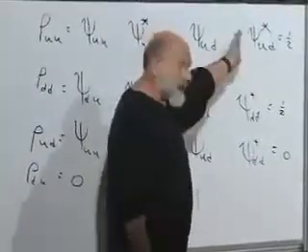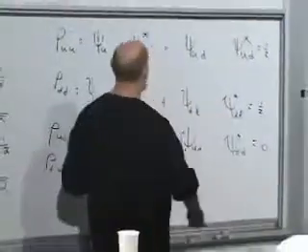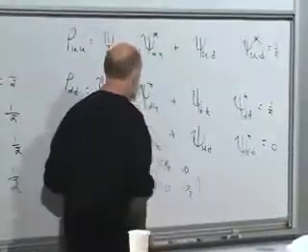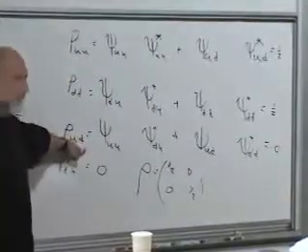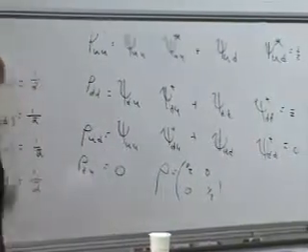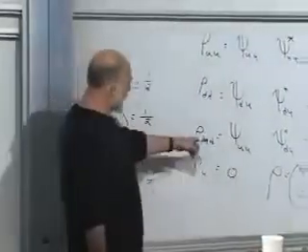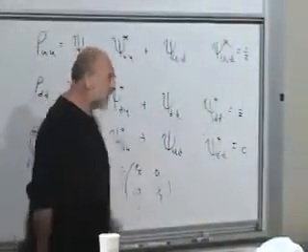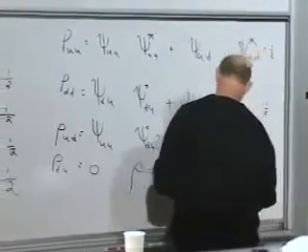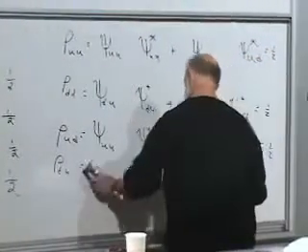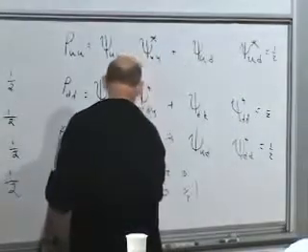Quarter plus a quarter is again 1/2. No difference. So this is still a 1/2. This one is still a 1/2, but so is this one. All the matrix elements are equal to 1/2. They're all equal to 1/2 this time. And in fact, this one is also equal to 1/2.